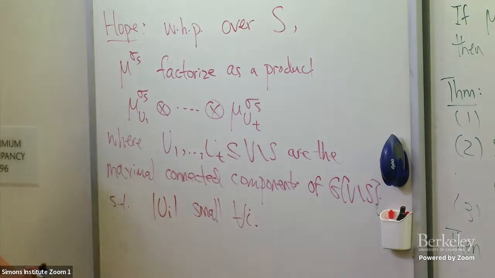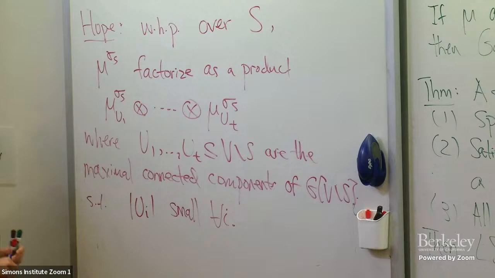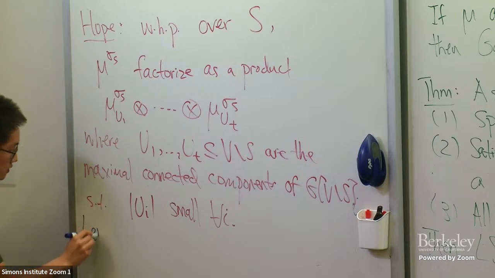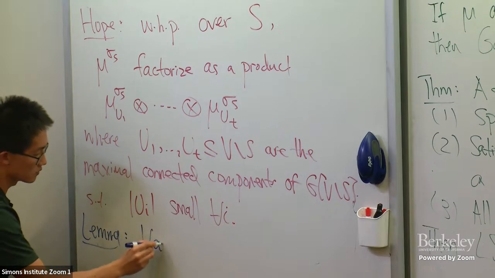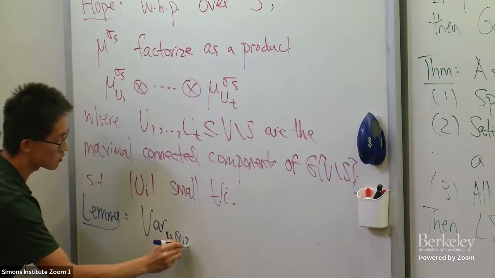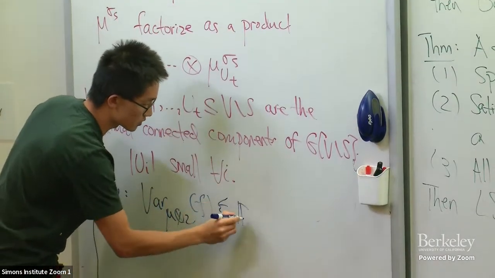Okay. Just to be a bit more explicit on why this is good for us, recall that lemma I showed previously. The variance for the product of measures factorizes perfectly.